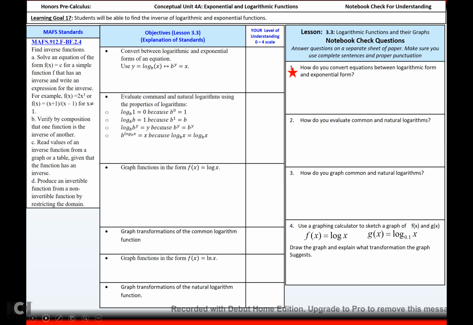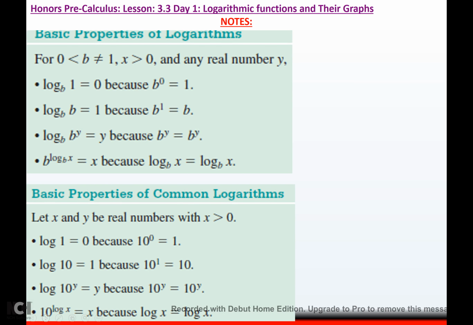Alright, so how do you convert between logarithmic form and exponential form? If you have log base b of x equals y, then x equals b to the y. Okay? Alright, so some basic properties of logarithms.